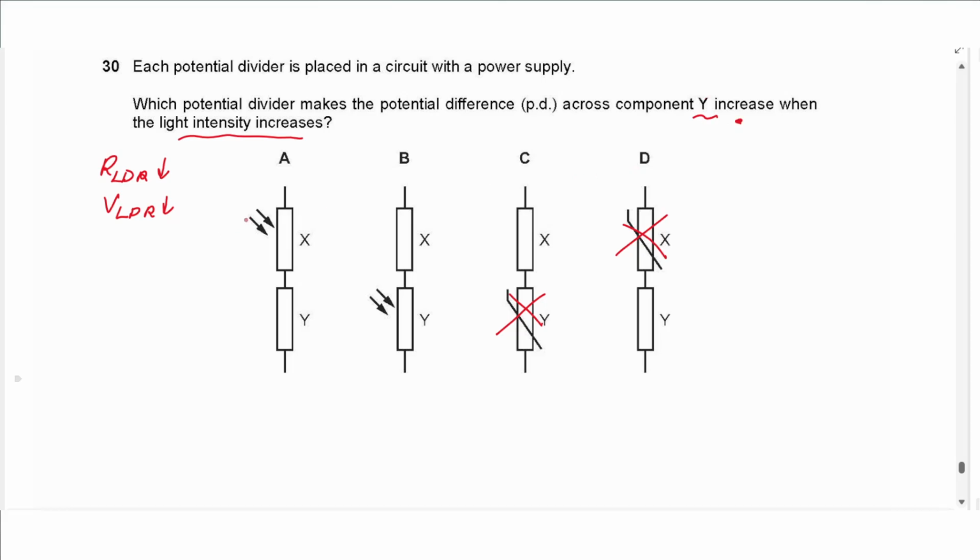So if we see the first choice, here voltage decreases, so the voltage across the other component, which is a resistor, increases, which is Y, so this is the answer. If we try the other one, Y will have the lower voltage, and that's not what is required in the question, so the answer is A.